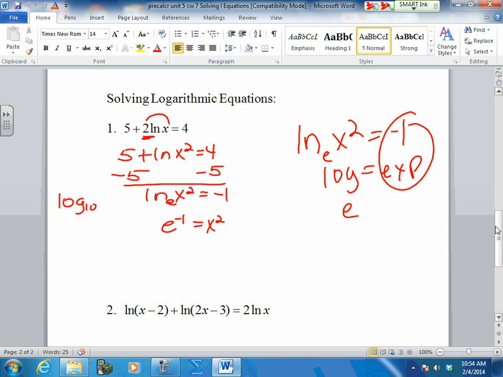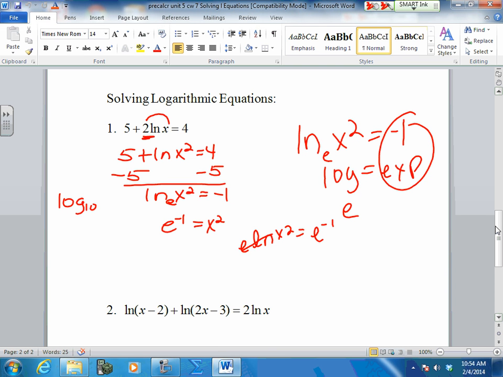I just cross out ln. So it doesn't work, I'm flipping it around. If I raised both of them to the same side, you can't just put this in here. If I did this, then I can cross that out, but I'm just flipping it back.